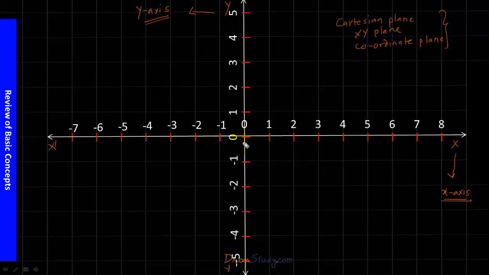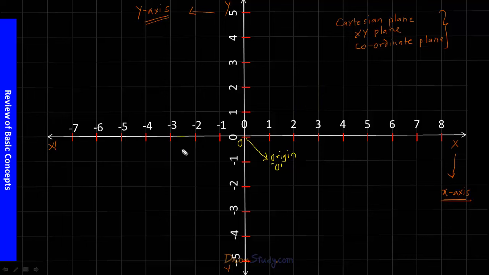And the point where this horizontal number line and vertical number line intersect each other perpendicularly will be called the origin. And this origin is denoted by O.